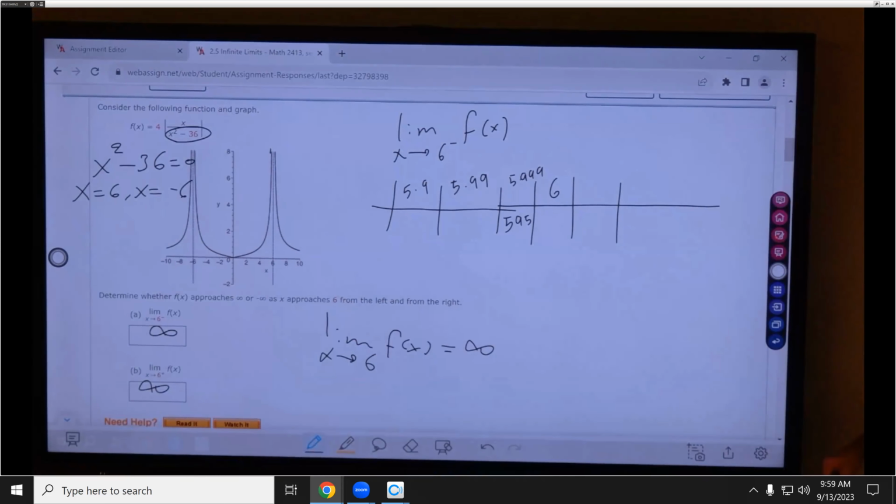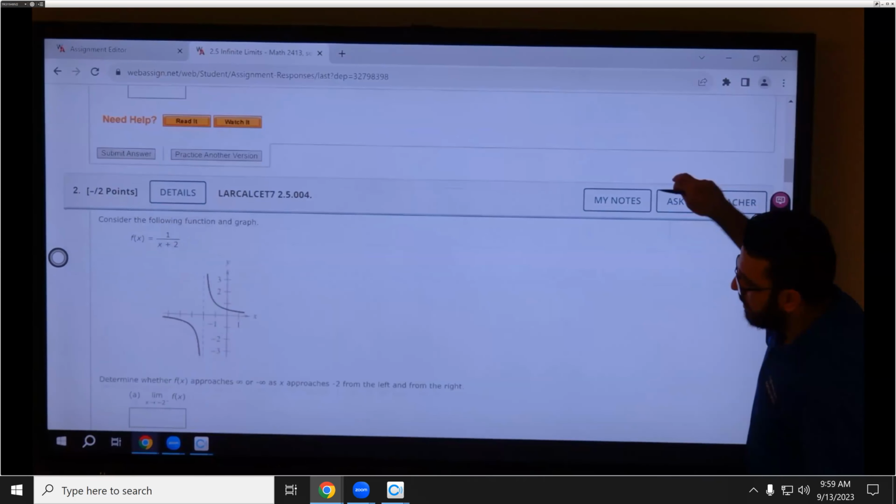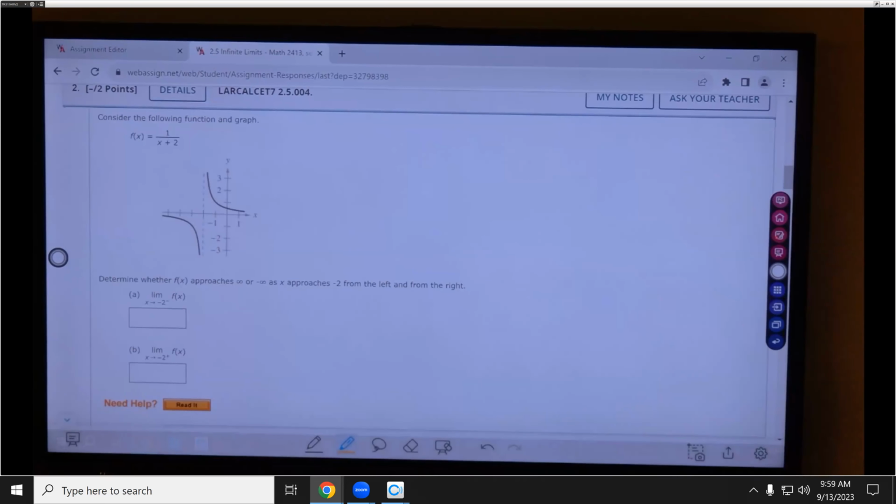Let's check the next example. What about this one? So we have the graph. To graph it, you're gonna do the same way.